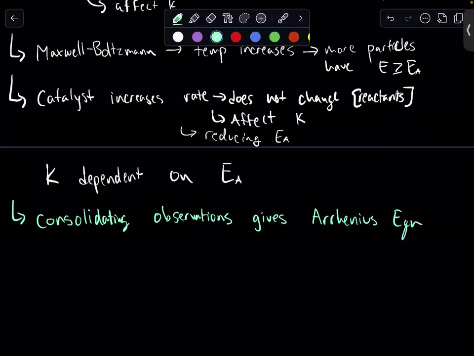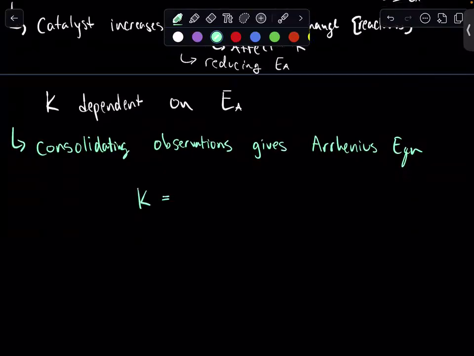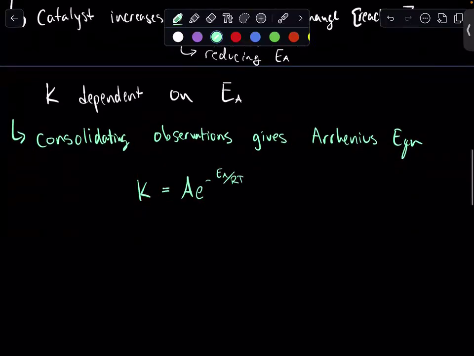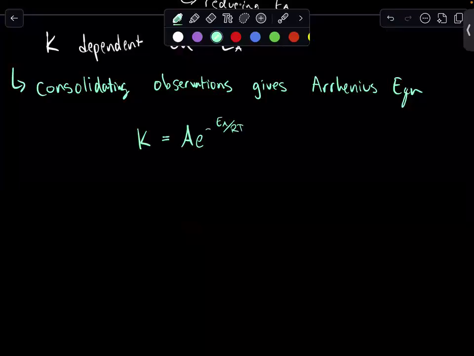And that Arrhenius equation is K, the rate constant, is equal to A, the Arrhenius factor, times E raised to the power of the negative activation energy divided by RT, being the gas constant and temperature.